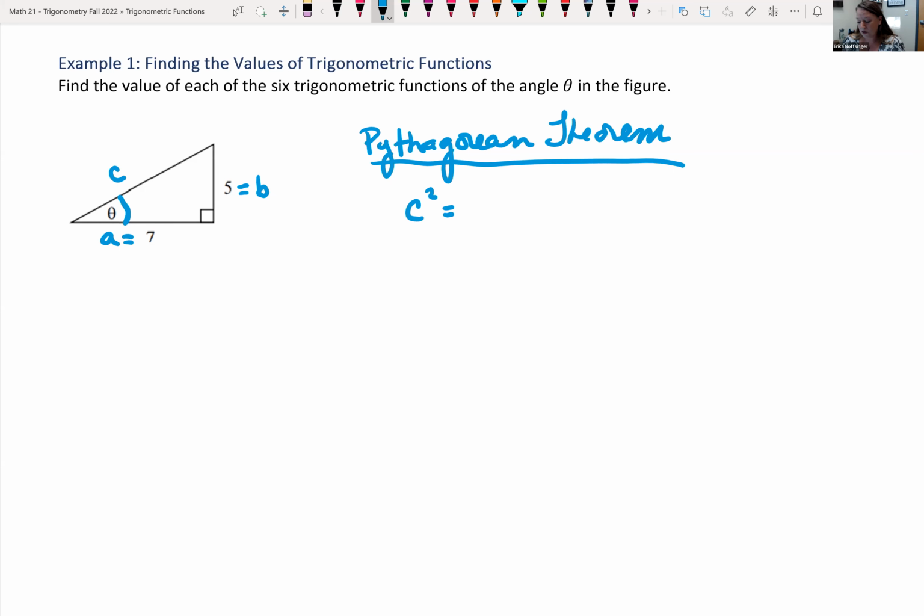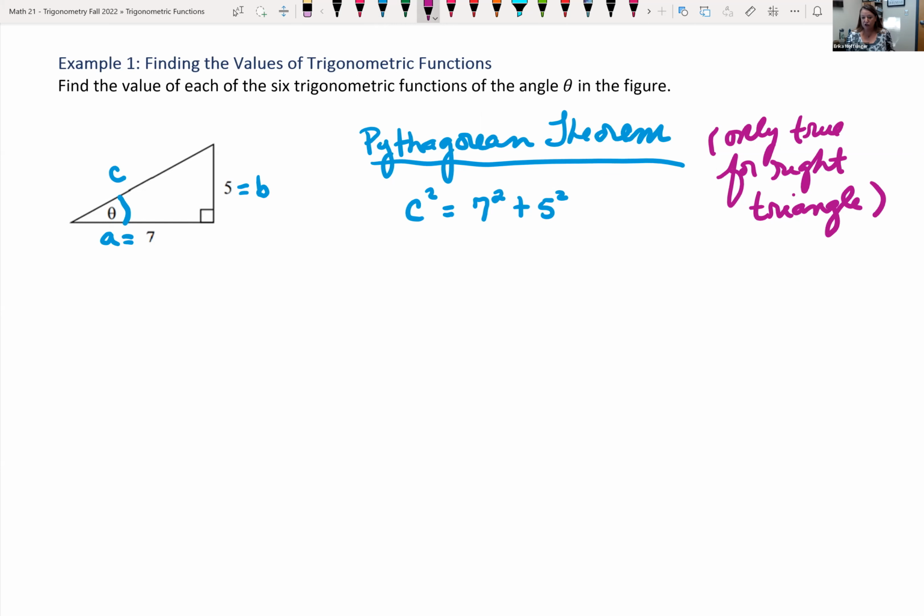This is only true, this theorem, for right triangles. So given two sides of a right triangle, we can always find what the other side is.